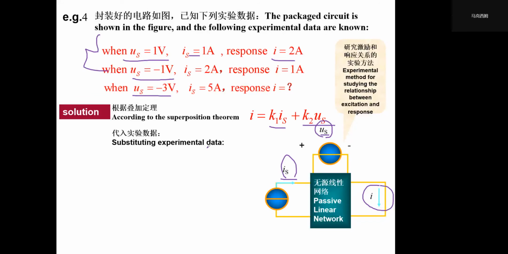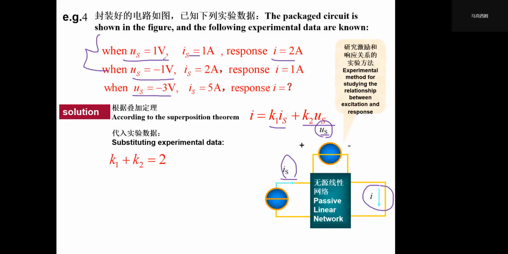US equals 1, IS equals 1. So we have K1 plus K2 equals, and substituting the second group of experiment data, we can have this equation.